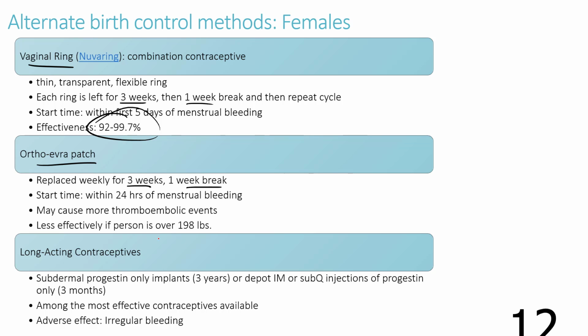And then the last one are long-acting contraceptives, either given as subdermal implants or as depot, either intramuscularly or subcutaneously. Right? So again, very effective because you just inject it or implant it, and then you can forget about it. But again, because it also contains progestin, it leads to irregular bleeding.